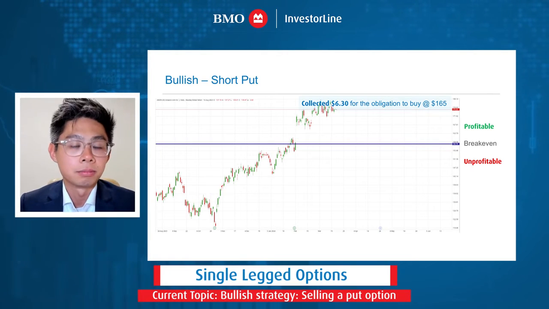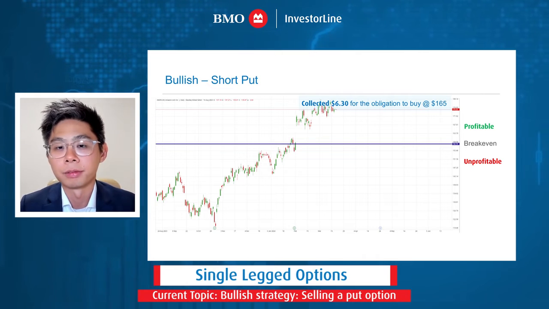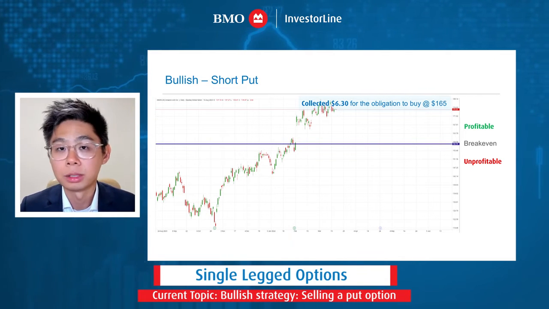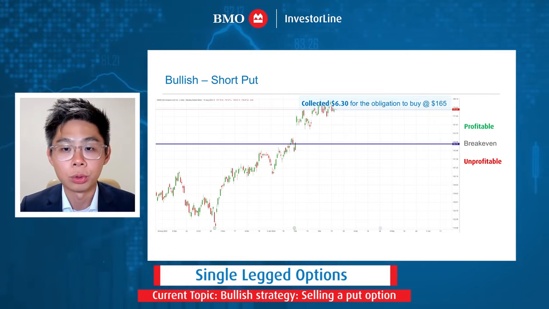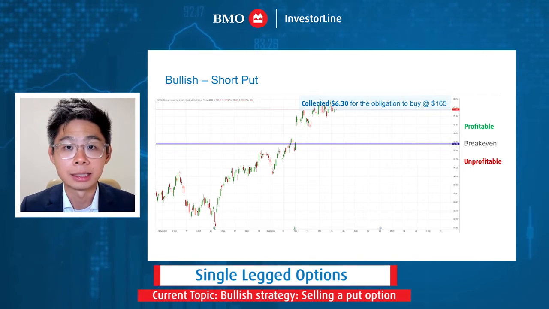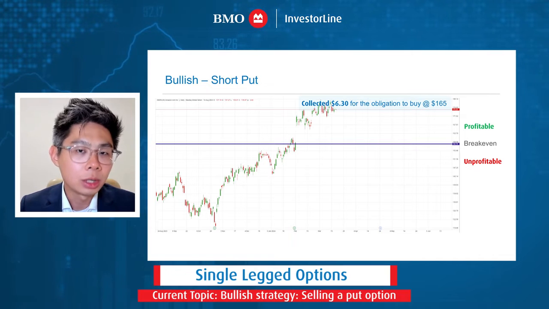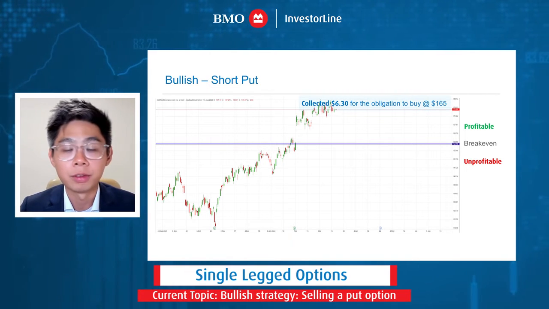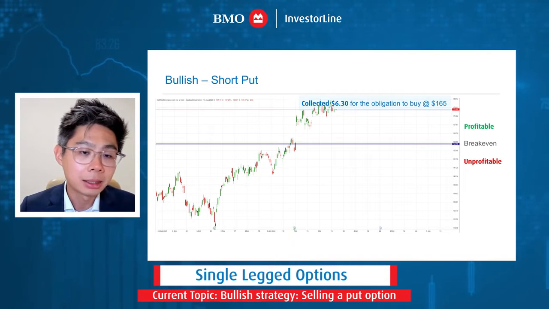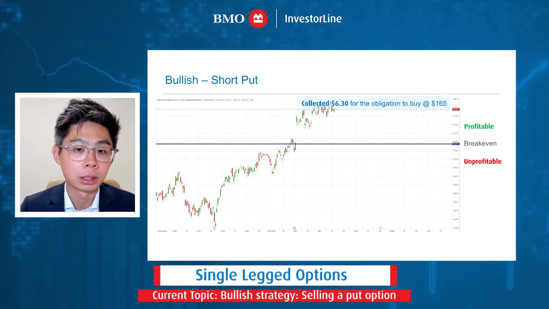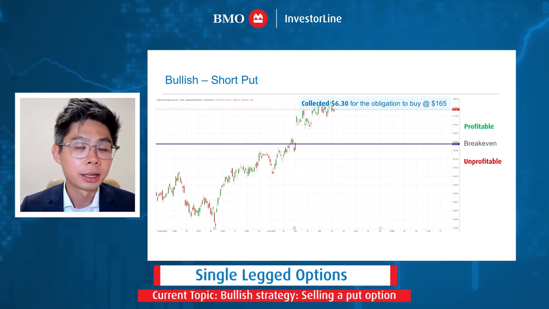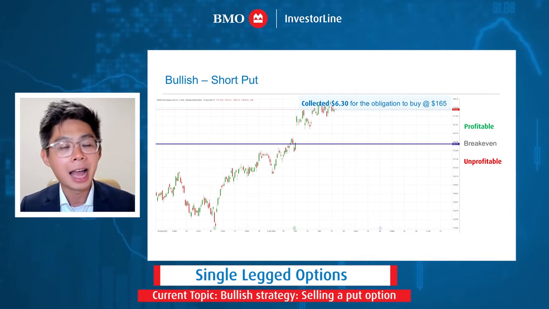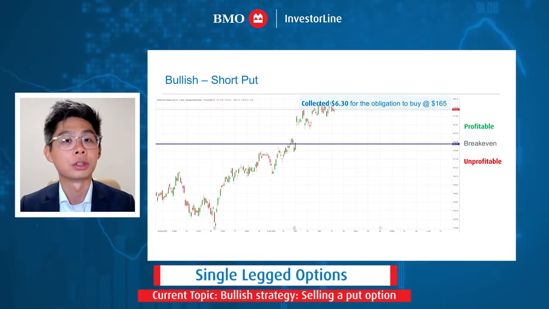So let's flesh out this short put a little bit further. In this particular chart, what we have is the stock trading around the 174 level, where we sold the 165 put and we collected $6.30. And what you see here is that the break-even price is around 158.70. That means that even though I'm bullish on this particular stock, by selling a put option and collecting premium, I basically have a buffer on this bullish view.